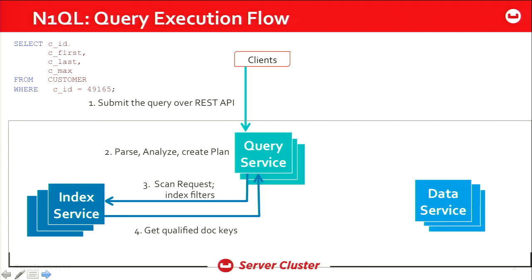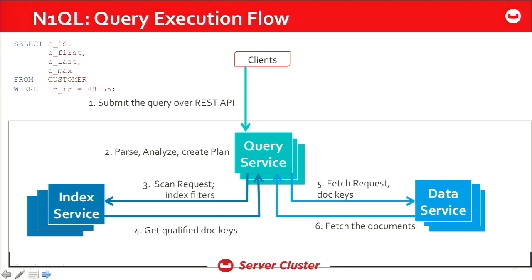The index service returns a set of document keys. Remember, in Couchbase, each document has a document key that lives outside of the document itself. And we go ahead and request the data service to send us the actual documents for those respective document keys.